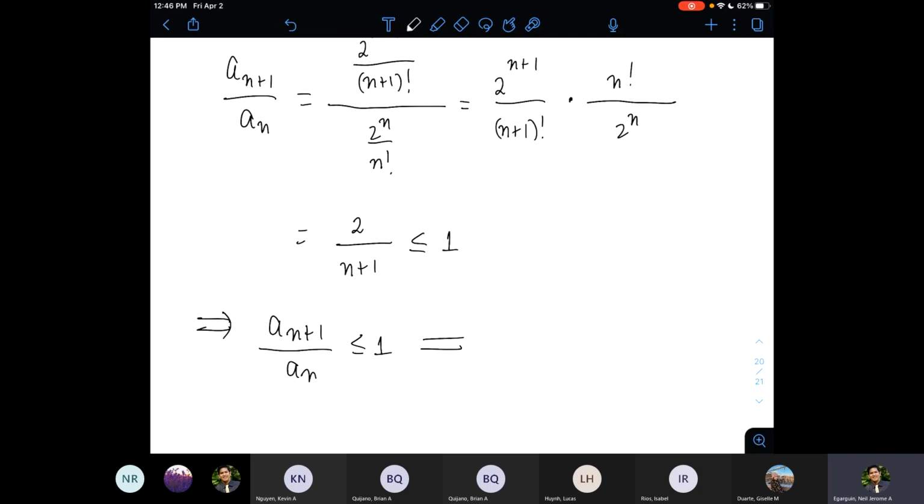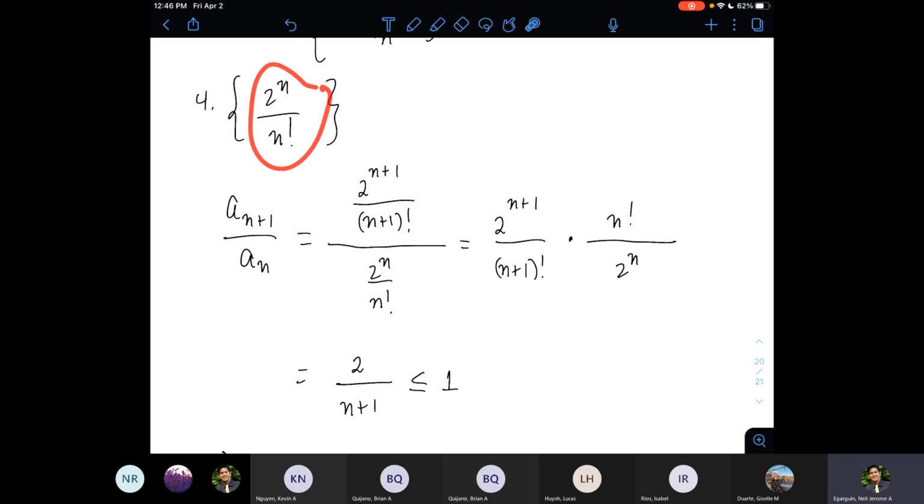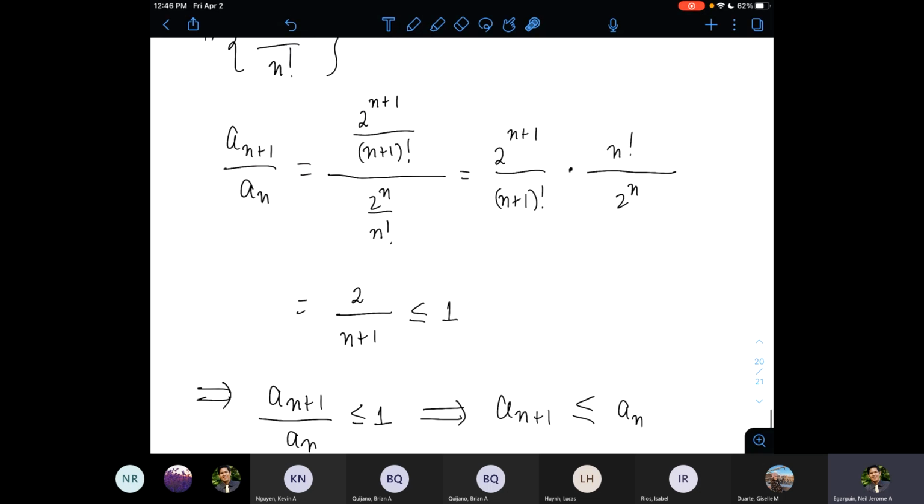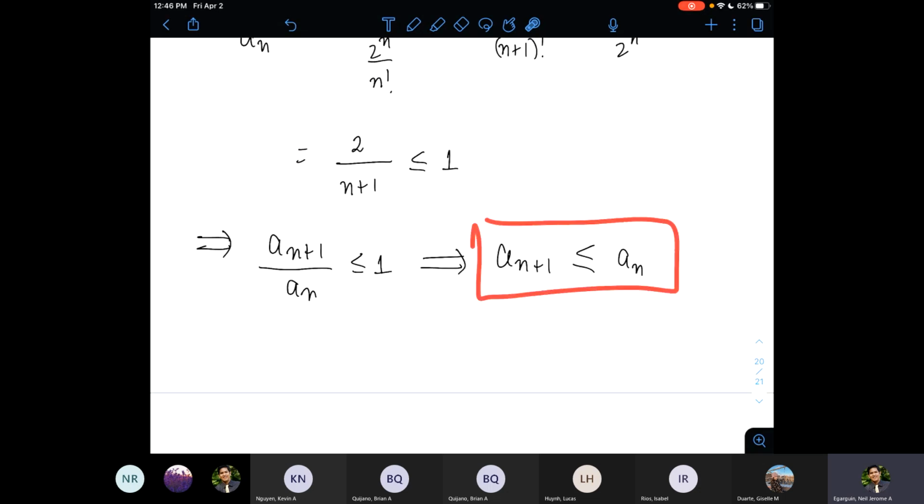If you multiply both sides by a sub n, we'll get a sub n plus 1 less than or equal to a sub n. And then the inequality won't change because a sub n is positive, because it is a positive number divided by a positive number. And so we got this, which is the very definition of being a decreasing function.